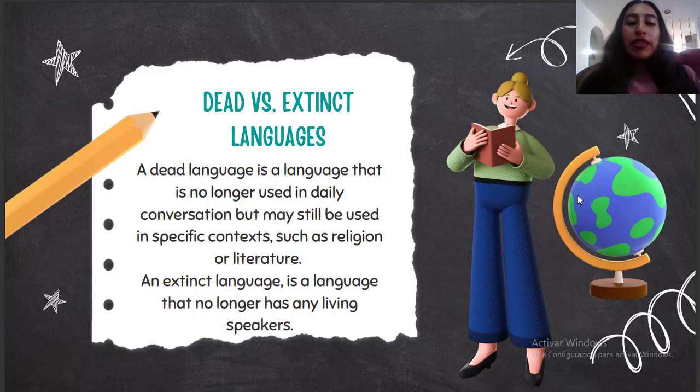An example is Latin, which is used in the Roman Catholic Church, but no longer spoken by communities. An extinct language, on the other hand, is a language that no longer has any living speakers. An example is Coptic, once spoken in Egypt, which is now used only in religious context.